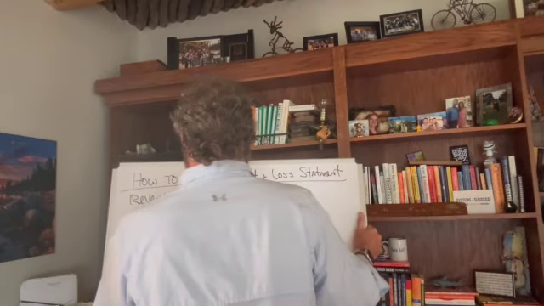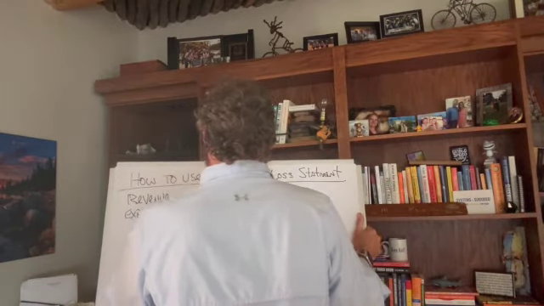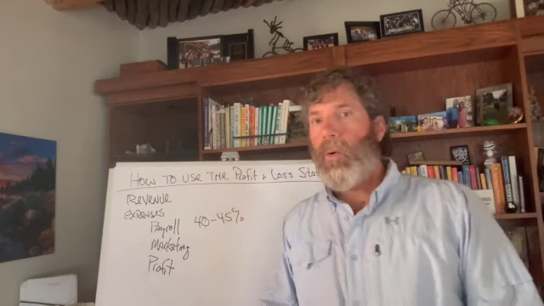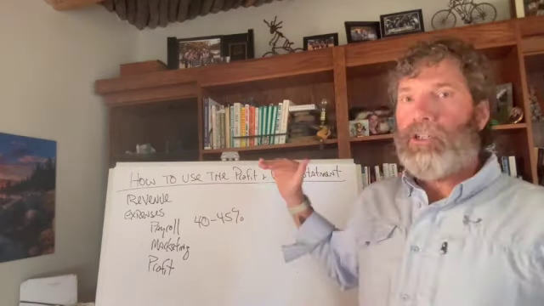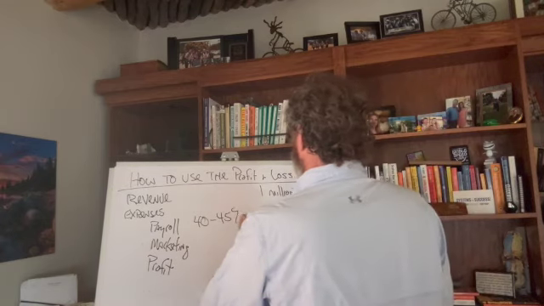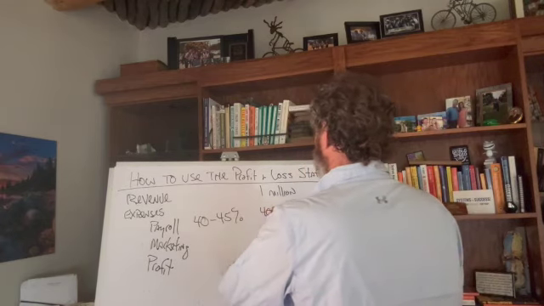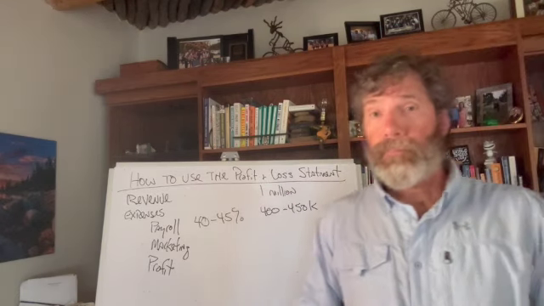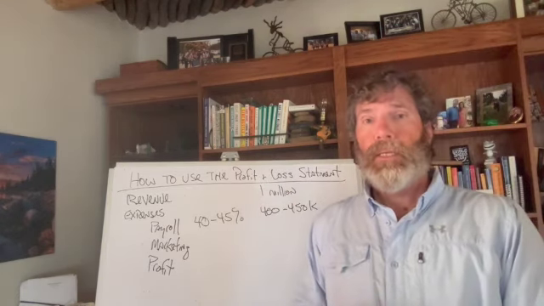Payroll, 40 to 45%. Okay, so if you were doing $1 million worth of revenue, let's just say your revenue is $1 million. That means that you've got between $400,000 and $450,000 for payroll, including you. All right, now you know how to budget.